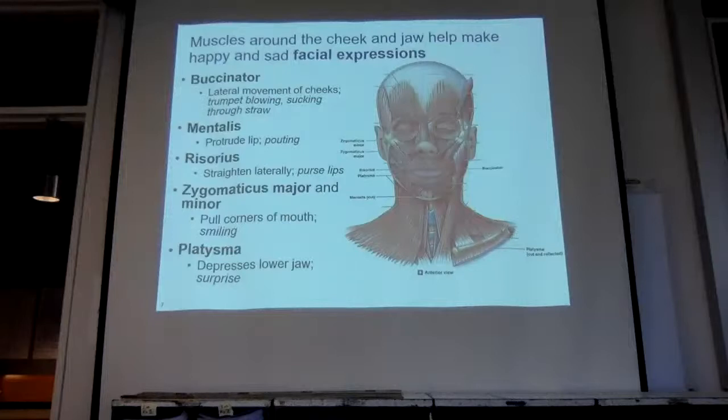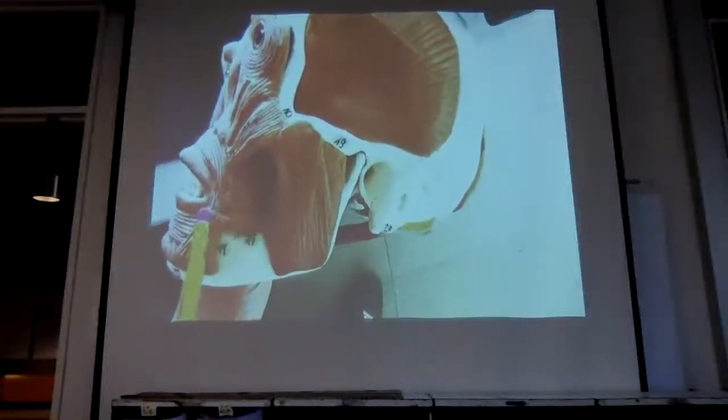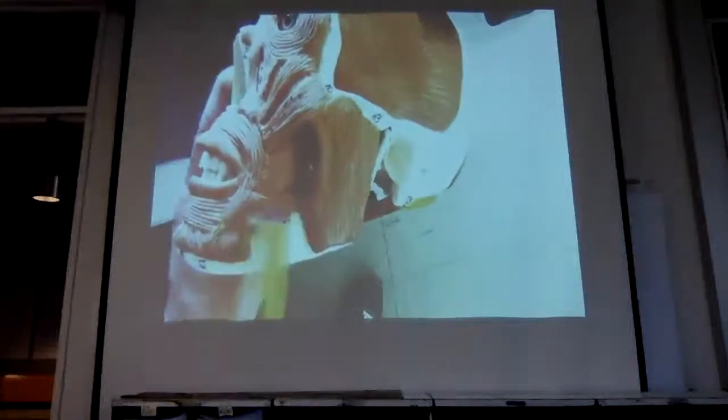Just straight across laterally. So on this model, corner of the lip. Remember, here's the buccinator, the broad flat one here. It's this one right here. So you want to bring your lips laterally out. That's risorius. So the risorius can be used in smiling, but it's not the major muscle of smiling.